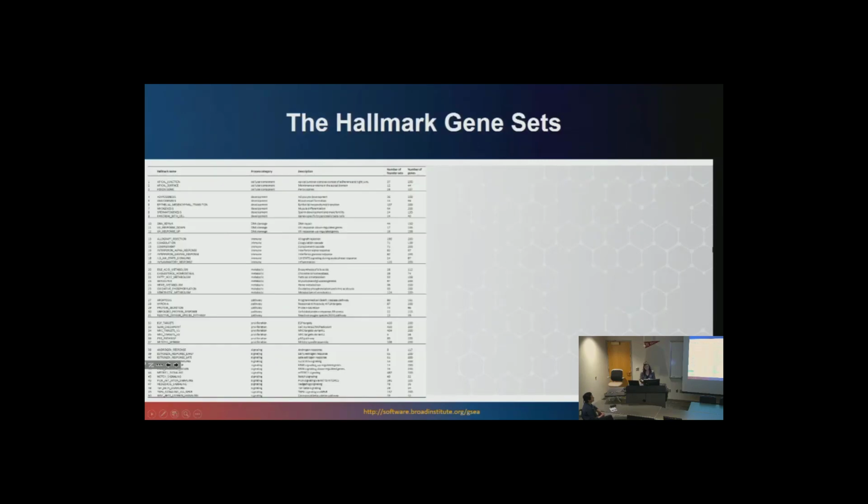For example, the hallmark gene set is one of those 8 collections and contains 50 subsets. These are gene networks that can help identify genes that are co-regulated together.